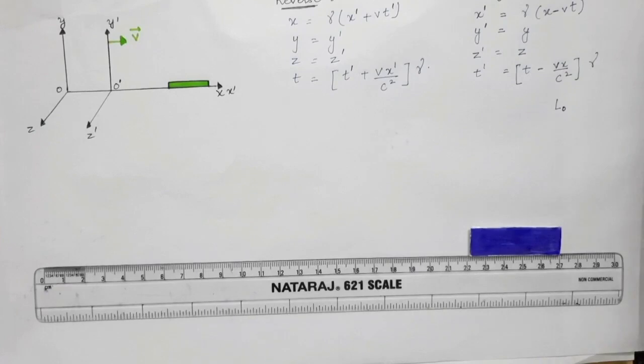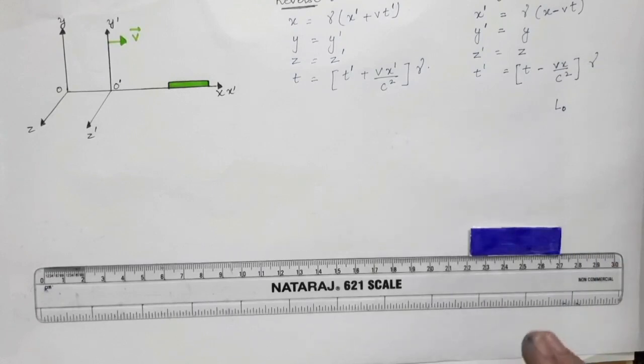Whatever the case, we know that the object is moving with respect to you. So when the object is moving with respect to you, its length gets contracted. The length that you calculate in that case will be less than its proper length.